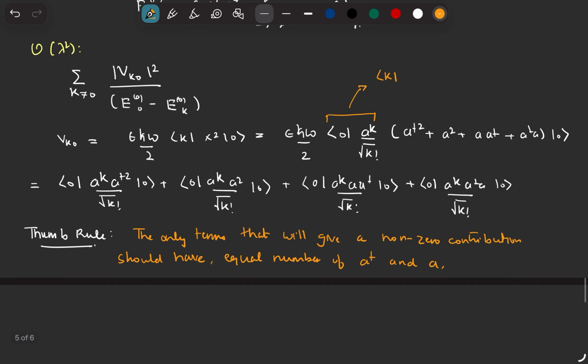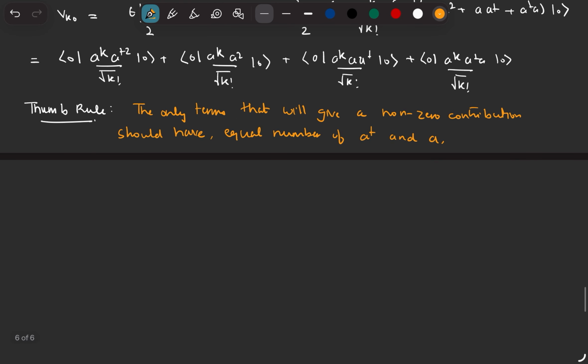That's how you will get a non-zero contribution here, otherwise you won't.